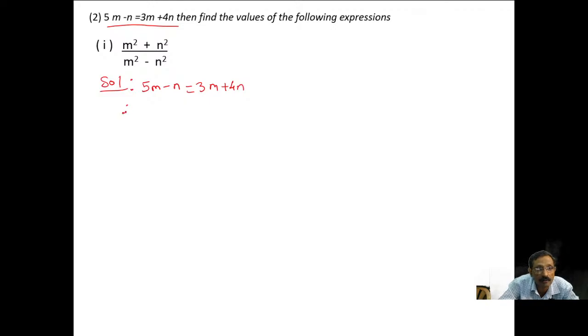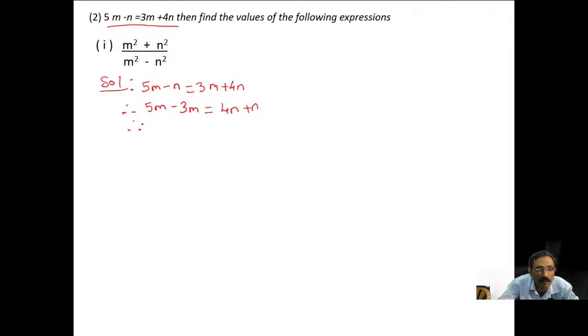Therefore 5m minus 3m is equal to 4n, and I bring this n over here. When I bring this n over here, it will become plus n.